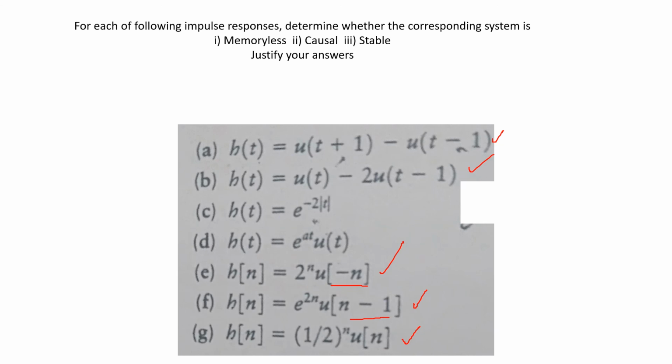And if you multiply by u of n, that means this response will exist for only positive values of n, right? So when n is negative, this response will be 0. I think you can easily do them, and once you do them, it will give you a lot of confidence, and also understanding.